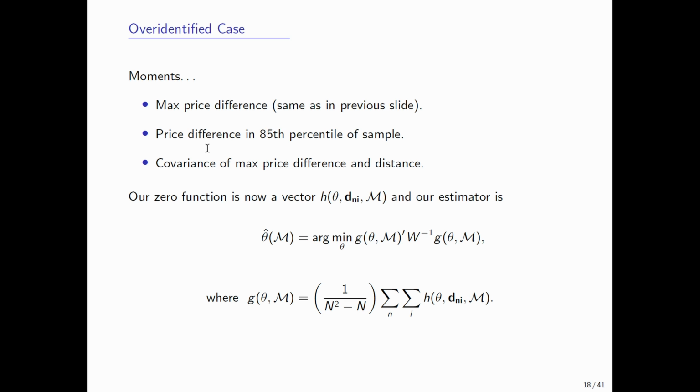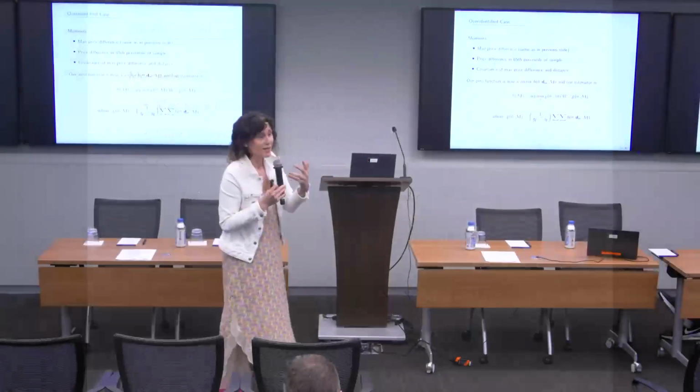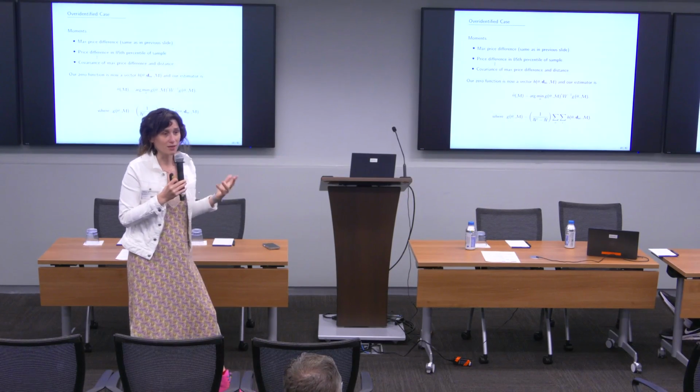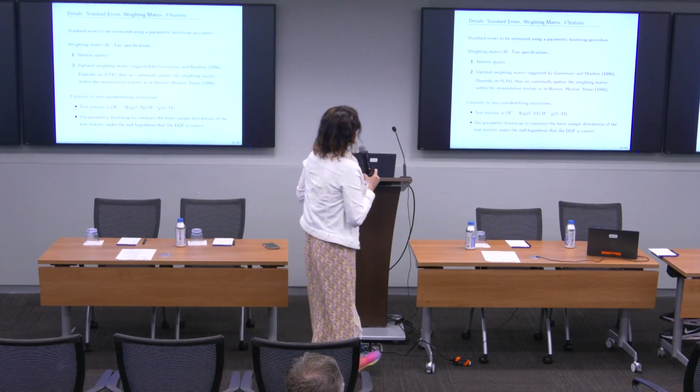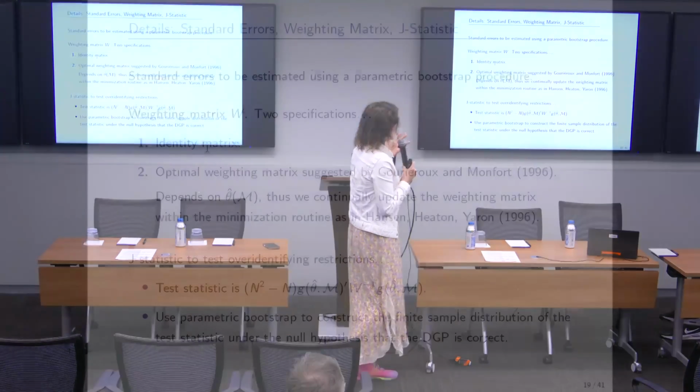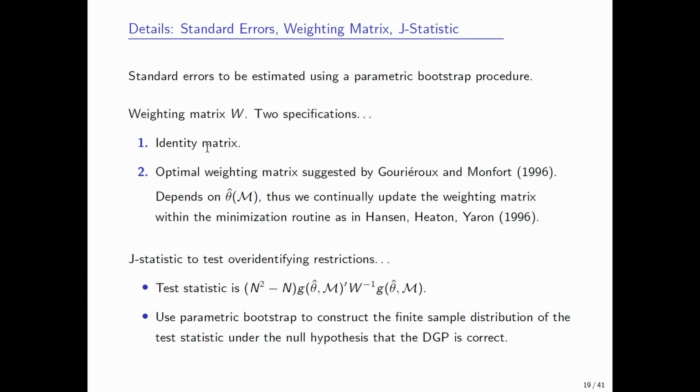In this case, the zero function is now a vector rather than just two numbers, but the definition is the same. We're just minimizing the difference between this set of moments, but because now we have one parameter, theta, and multiple moments, you have to have some kind of a weighing matrix that weighs these moments, and that's W. We're going to have two specifications for that W. One is the identity matrix, and one is the optimal weighing matrix, which converges with every iteration of the parameter estimate.